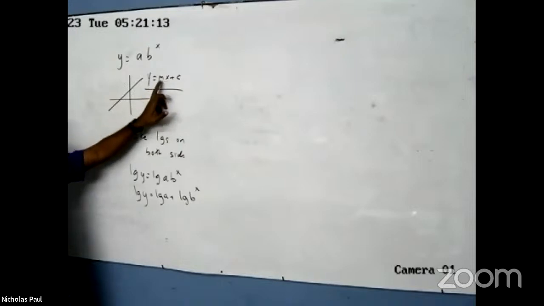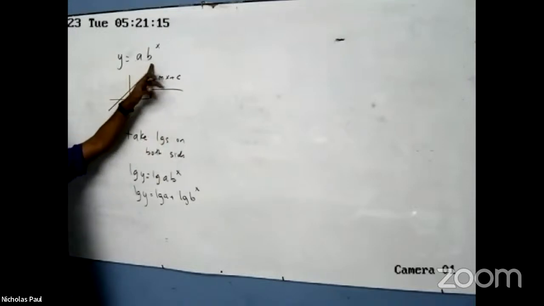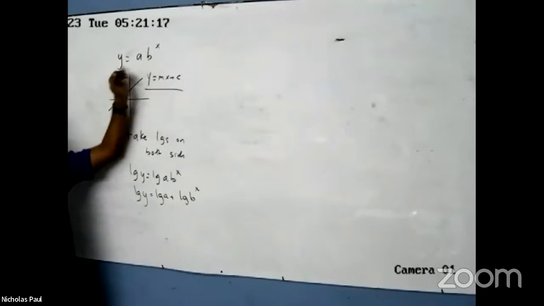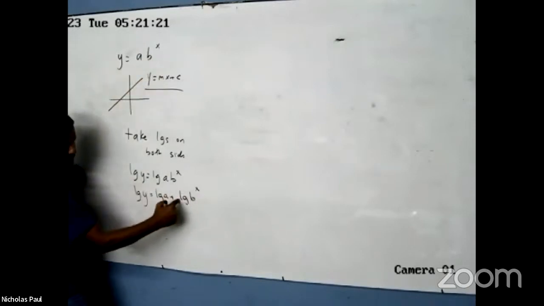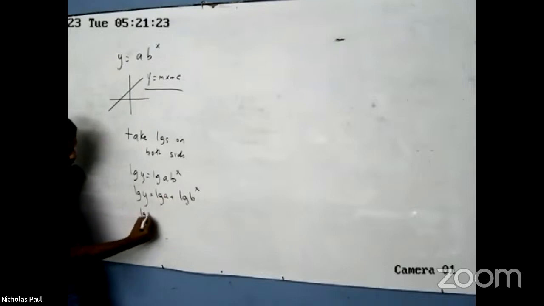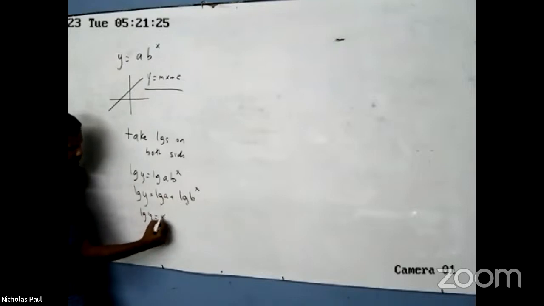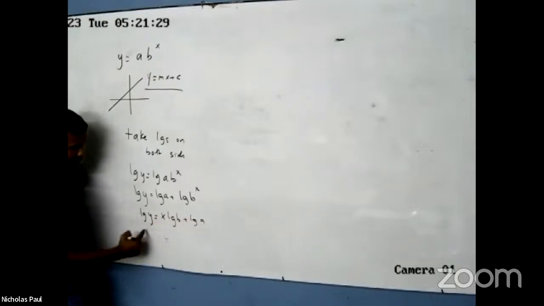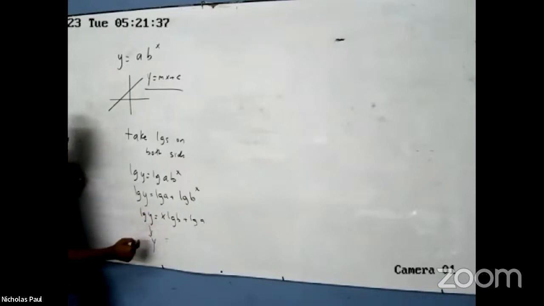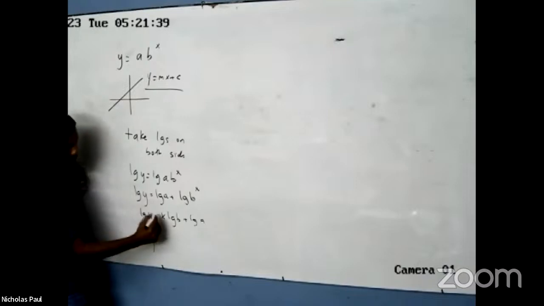Y and x must not have the variables a and b in them, and m and c must not have y and x in them. So when I expand this out, I can bring the x down, so I'll get log y is equal to x log b plus log a. This here is good, that's the y. There is no a and b here. Which one here is the gradient and which one is the x? Which one here will be the x and which will be the gradient?